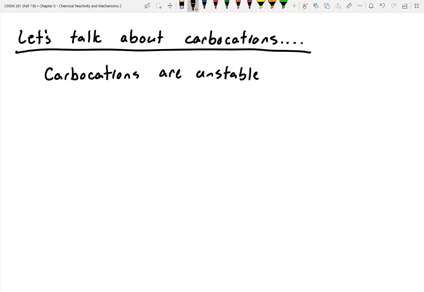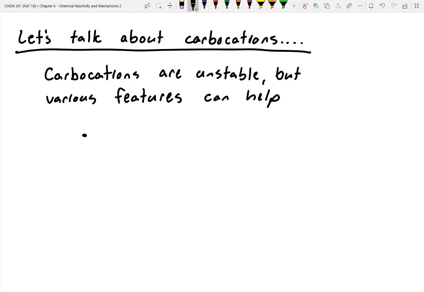Why are they unstable though? They're a positive charge. Carbon would prefer to be neutral if possible, right? And carbon, yeah, it's not very electronegative, but it still doesn't want a positive charge. So in this case, carbocations are unstable, but various features can help. All right, what's one feature that could help stabilize a positive charge that we've seen a lot of?